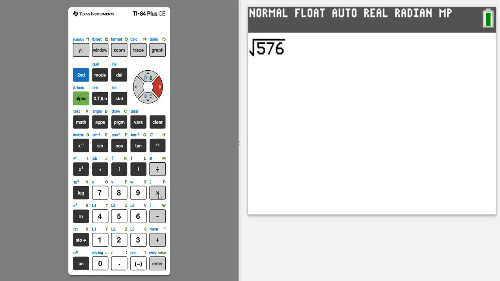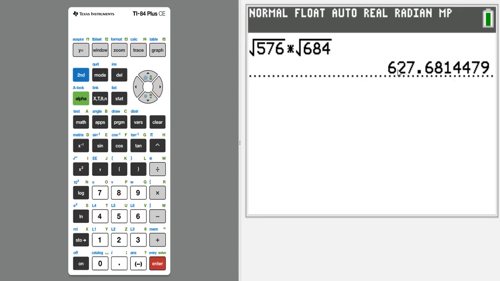Then I'm going to multiply because the question was asking what is the product. So multiply, and then again I need second square root, and I'm going to type 684, arrow out, and hit enter. Based on what that answer looks like, because there is no pattern and the number looks like it continues on and on, that would be considered an irrational number.